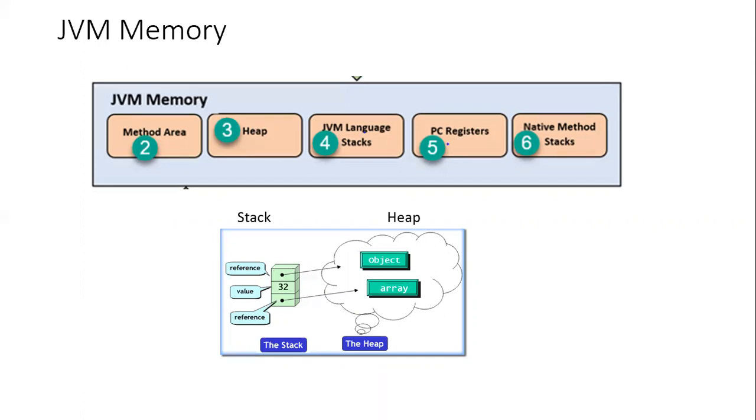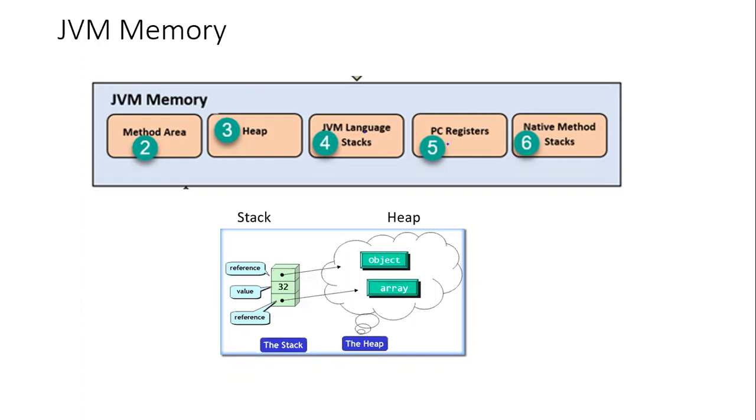One PC register will be there for my thread. Whatever primitive integer that will be created for me, like quantity equal to 1, the item equal to laptop, the item equal to water bottle, or item equal to mobile, quantity equal to 2, all these things are going to be in the stack, and this stack will be created for my thread.